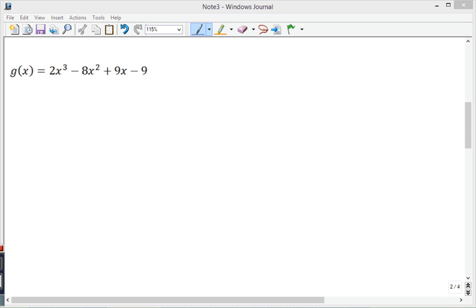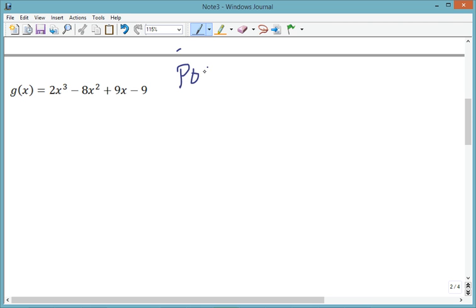Here's another one. Our possible rational zeros would be the factors of 9 over the factors of 2.